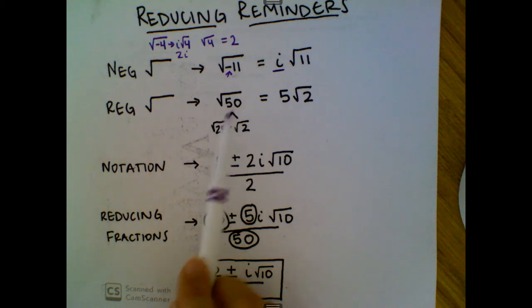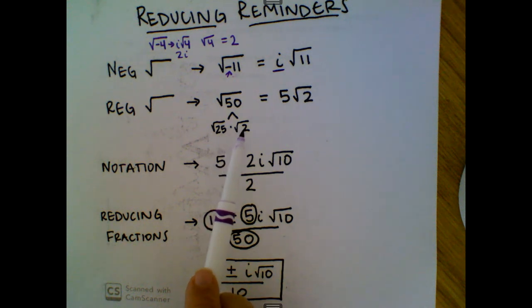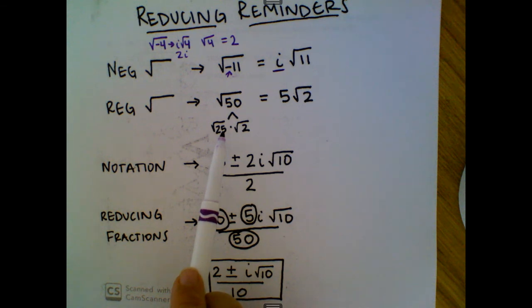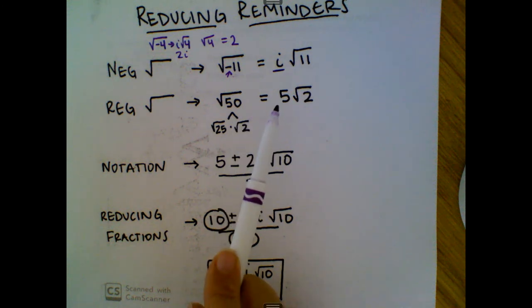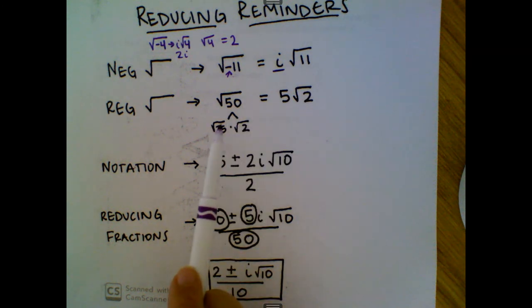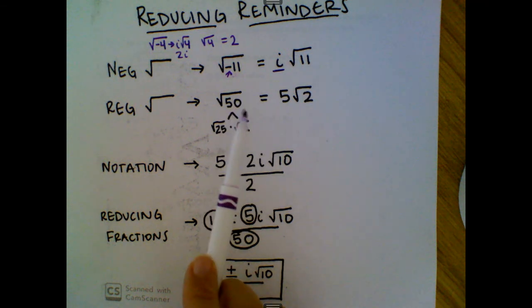So I could break down 50 by saying the square root of 25 times the square root of 2. And we all know the square root of 25 is a perfect square because we chose that number to break it down. So then we have 5 root 2 because the square root of 25 can be written as 5. That's how you break down and reduce radicals.